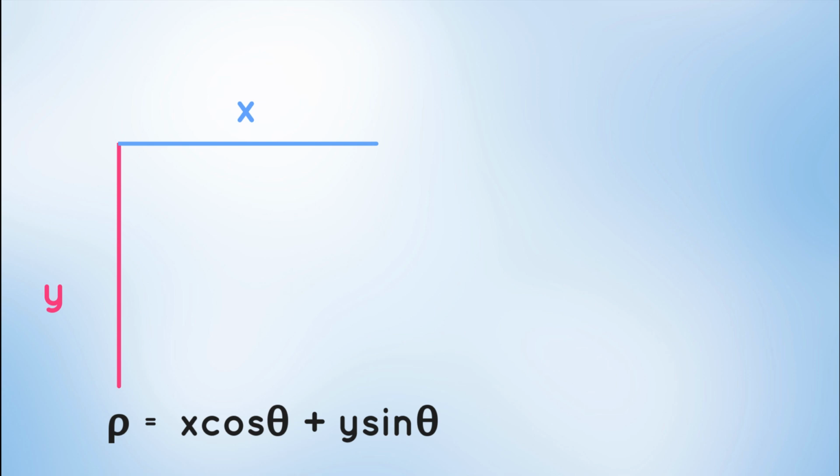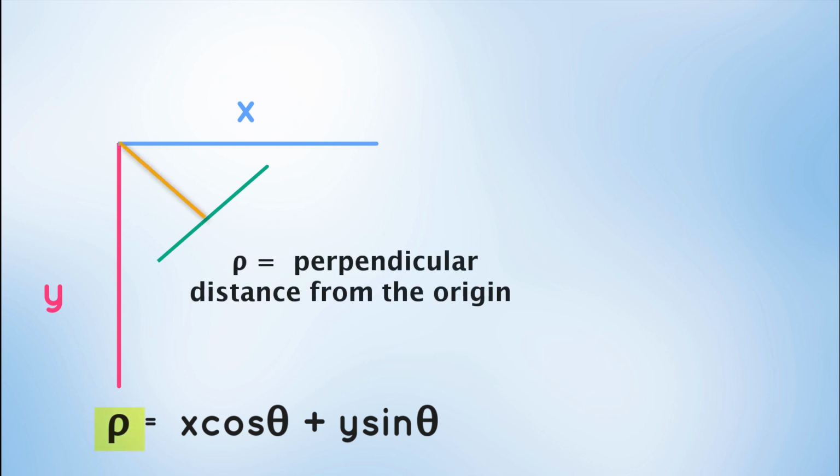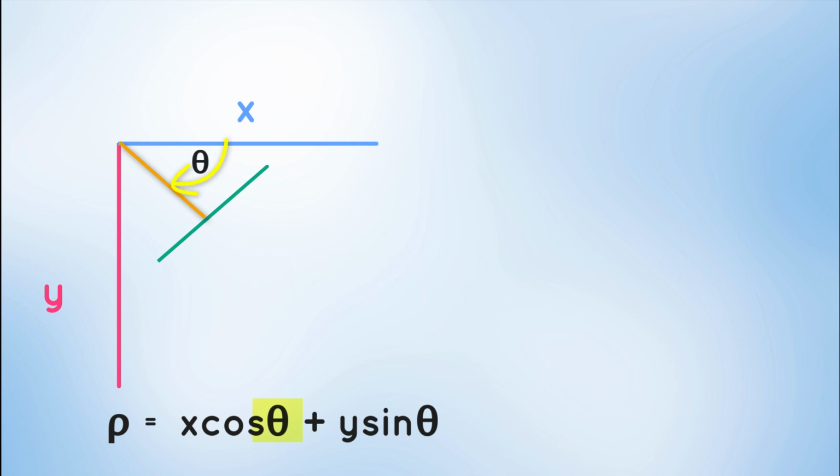If I am to draw some line in Cartesian space, the variable rho is the perpendicular distance from the origin to that line, and theta indicates the angle of inclination of the normal line from the x-axis, which is measured in radians clockwise with respect to the positive x-axis.